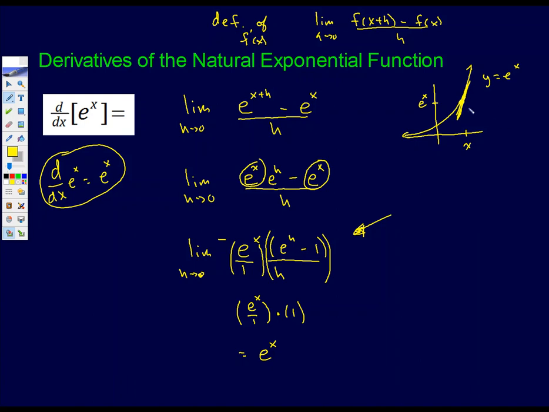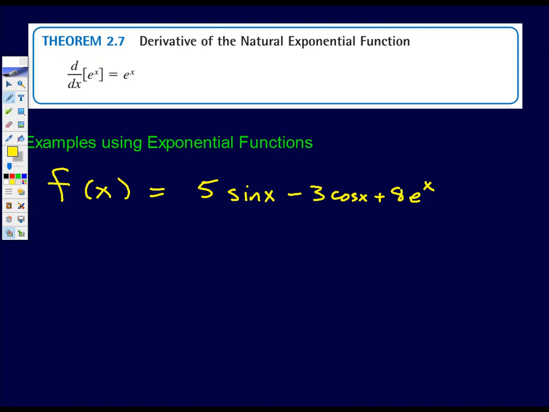The derivative or slope of the e to the x function is the same as the y value of the point. That's the only function that does that. Okay, so this can go in your green sheet under rule number 9. The derivative of e to the x is e to the x.